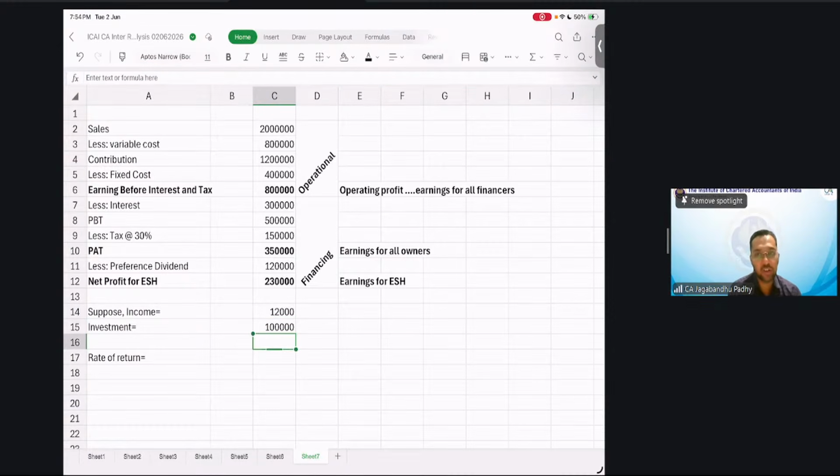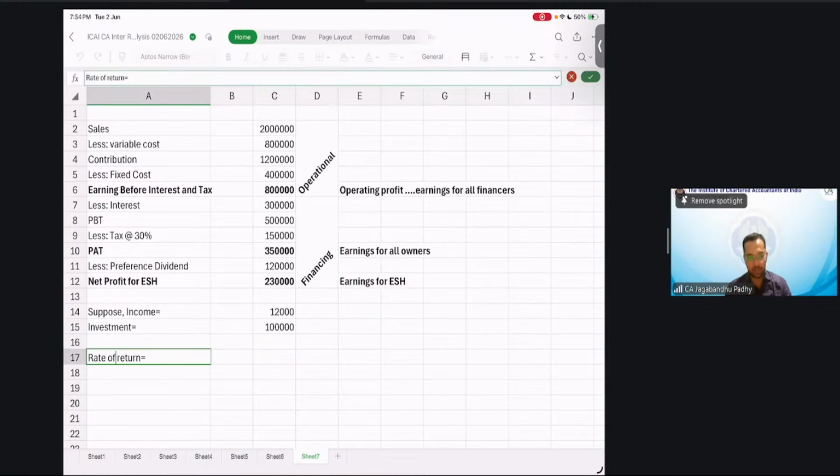If I ask you what is the percentage rate of return that you have earned, can you tell me what will be that number?